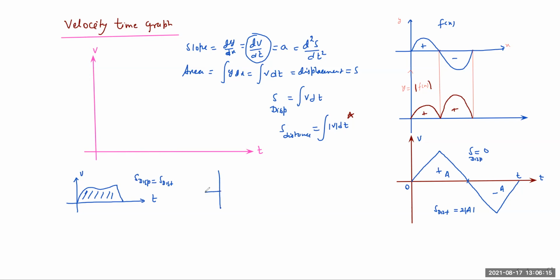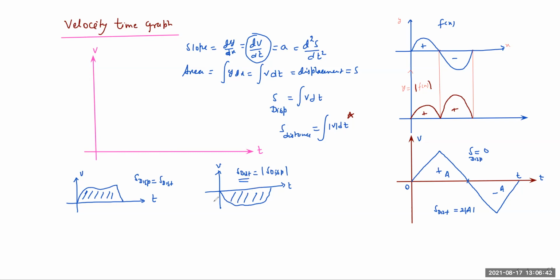One more case is if everything is down. Here the distance is mod of displacement, because we can't write negative numbers, right? So if everything is down, just take a mod to avoid the distance being negative.